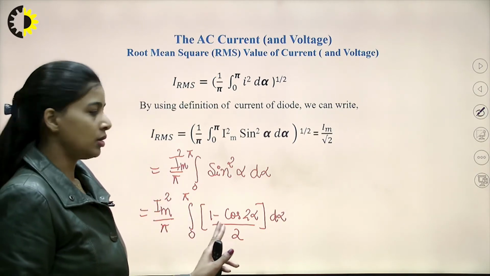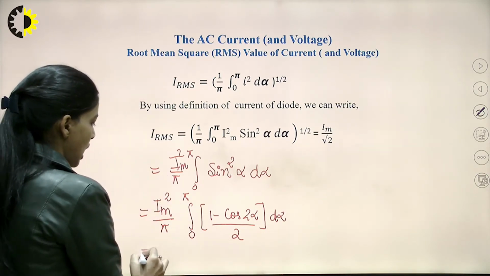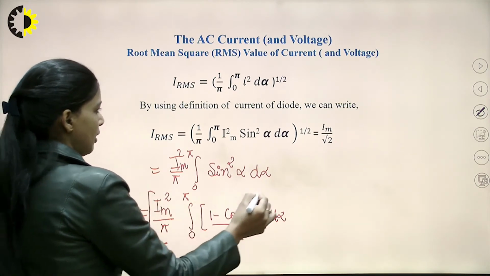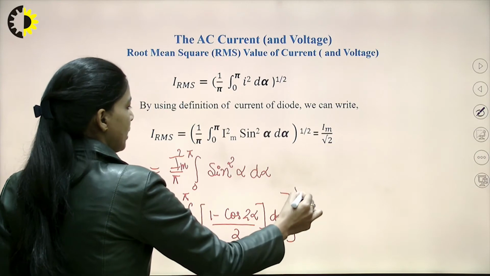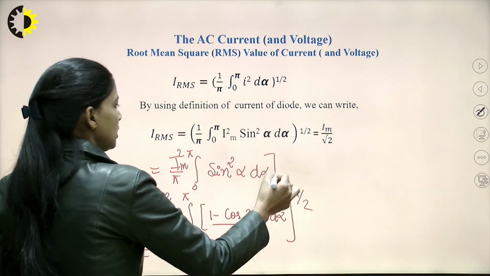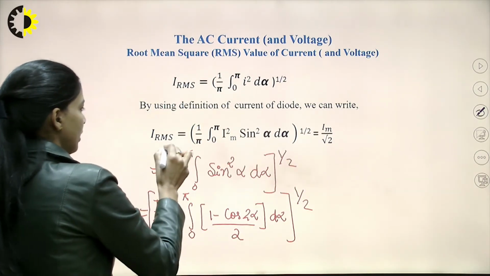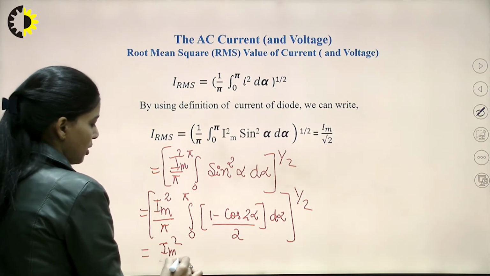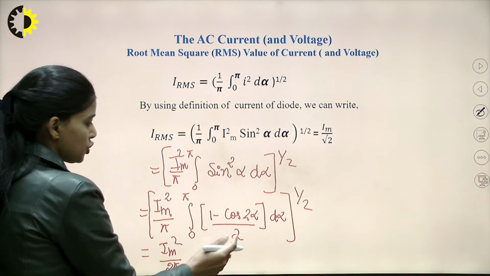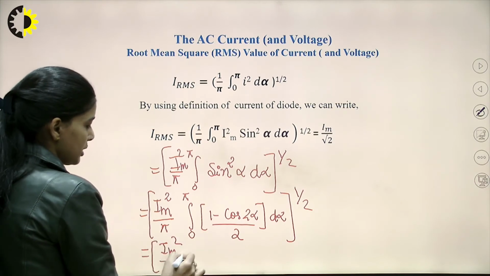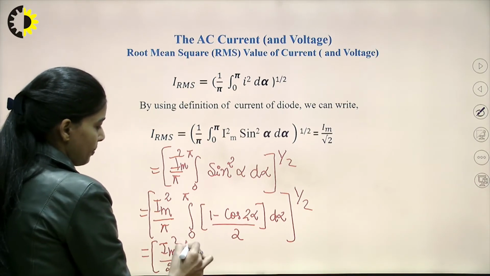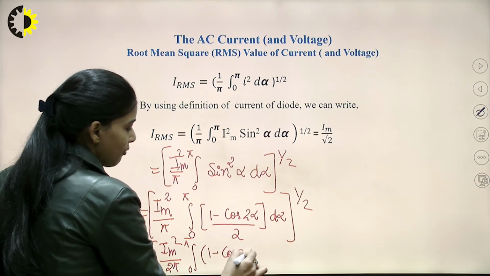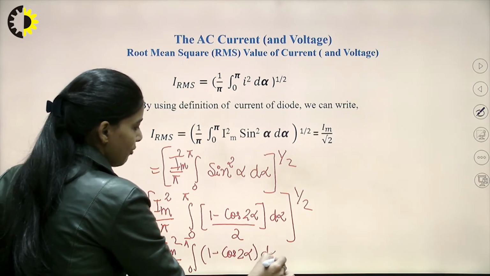Taking this 2 out of this integration, this whole will have 1 by 2 because we are calculating root mean square value of the current. So, Im square upon 2 pi, this 2 I have taken out of this integration 0 to pi, inside we have 1 minus cos 2 alpha d alpha.